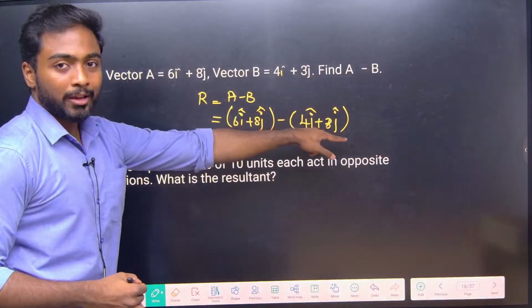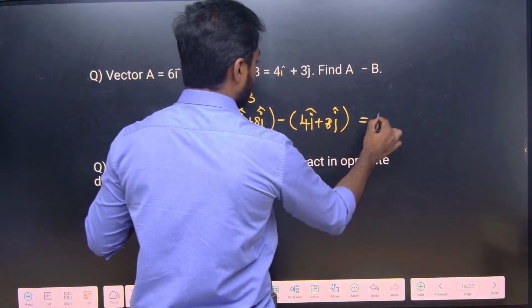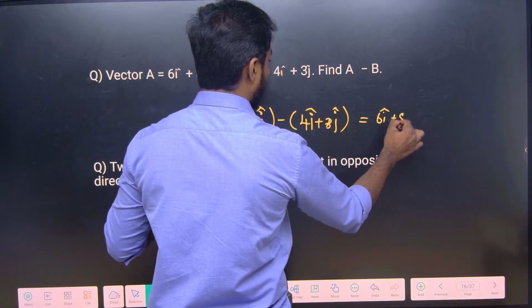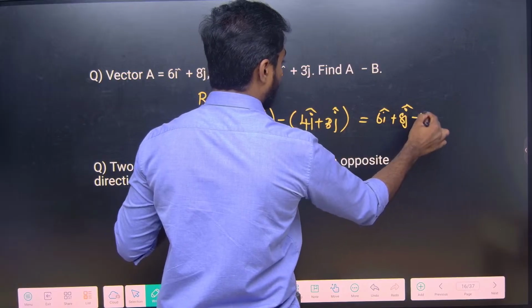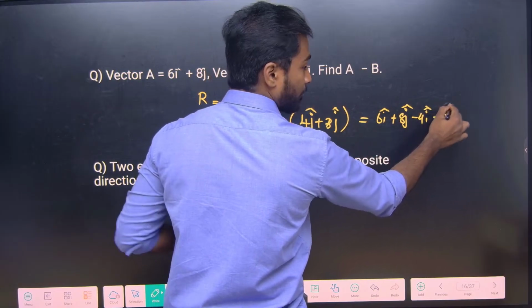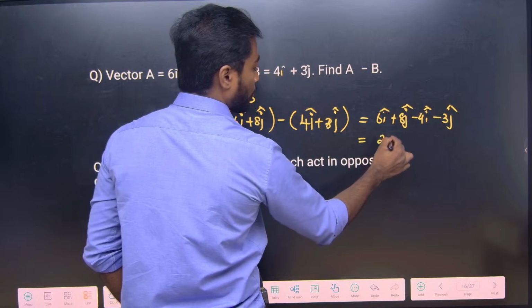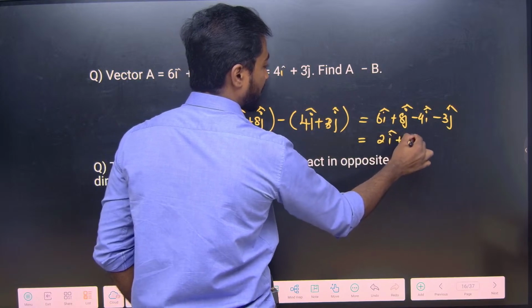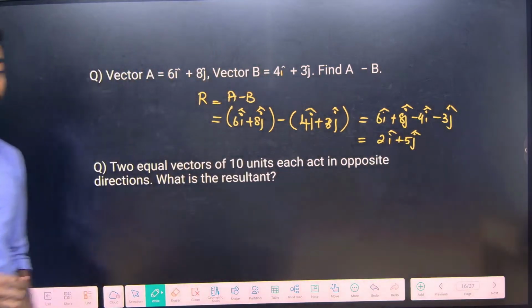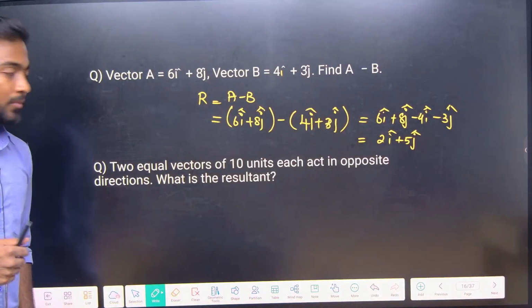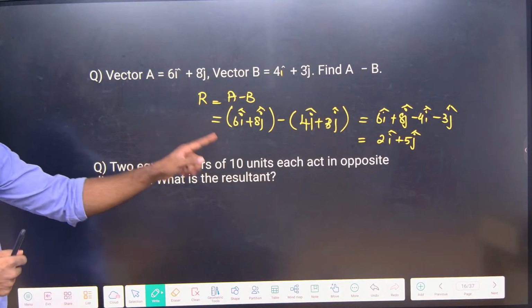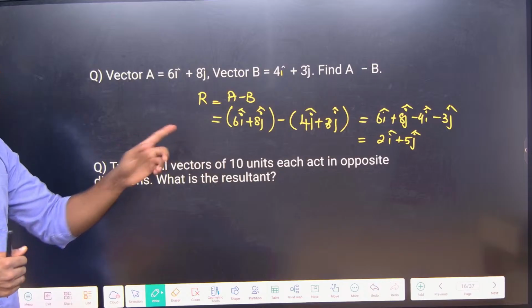So minus, I need to take inside the bracket. So 6i plus 8j minus 4i minus 3j, which gives us 2i cap plus 5j cap. Is this correct? Yes, fine. Resultant vector 2i cap plus 5j cap.